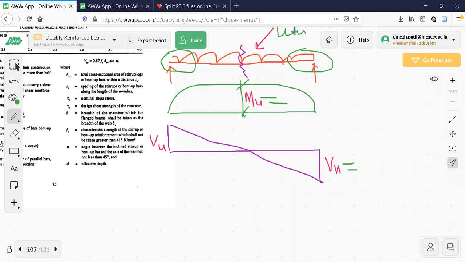The reaction is how much? It is W, this is L. Span is L. So what is the value of VU? What is reaction equal to? So WL by 4. Okay. Any other answer?